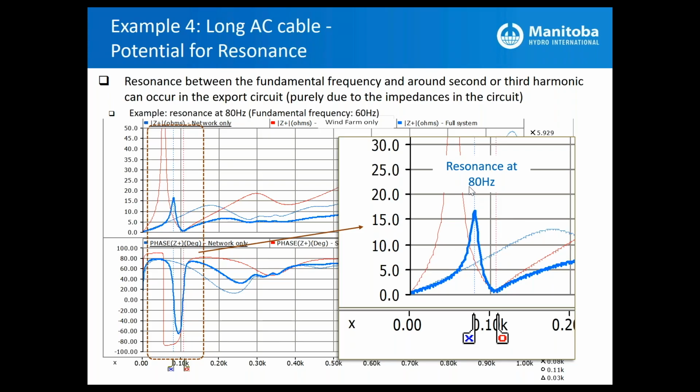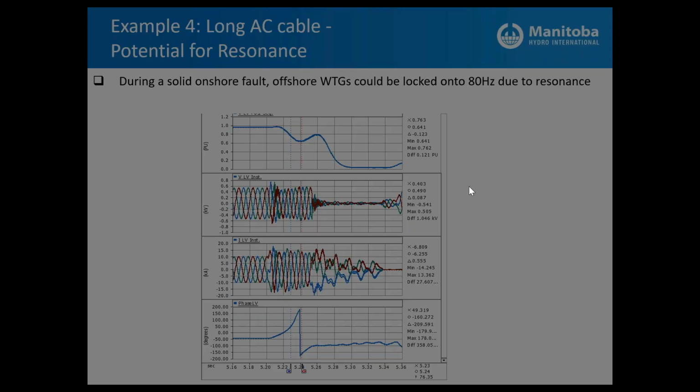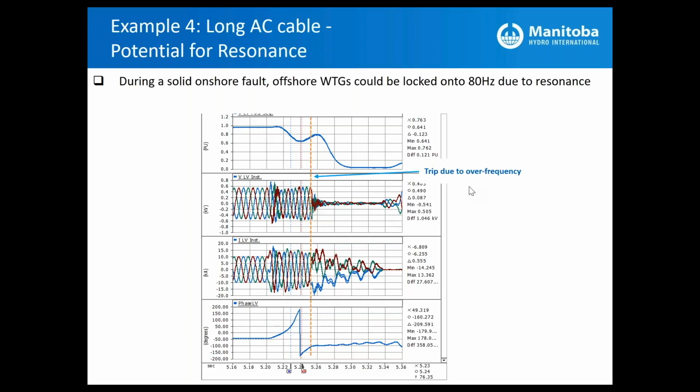And when we did solid fault tests on the onshore station as part of the dynamic performance test, we saw that the wind turbines and the PLLs were locked onto that resonance point and were generating 80 Hertz voltages. As a result, the turbine over frequency protection was tripping it.